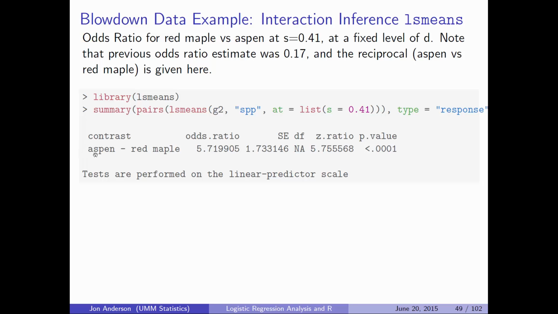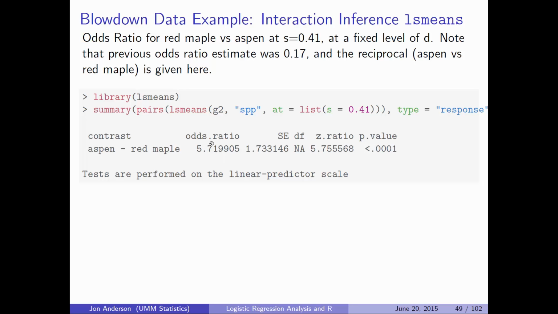You get output like this. And this is comparing aspen in the numerator and red maple in the denominator, which is sort of too bad because we wanted to compare maple to aspen, but lsmeans does it in alphabetical order, aspen to maple. And we see the flip side of the comparison, aspen 5.72 times more likely to die than red maple at this severity.